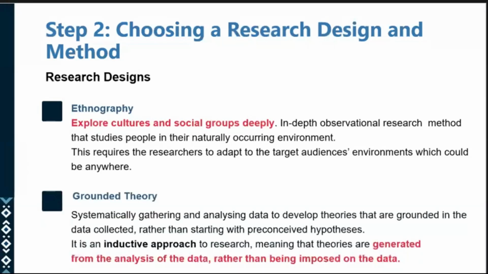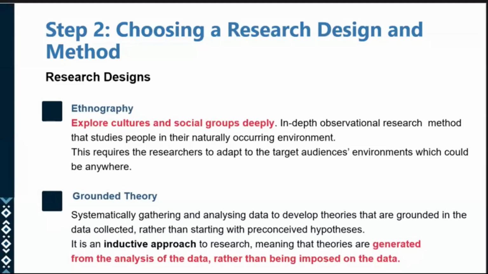The next point is grounded theory. Grounded theory is a type of qualitative research that analyzes data to develop theories that are grounded in the data collected, rather than starting with preconceived hypotheses. What is peculiar about grounded theory is that you use it when you don't even have an idea of what to expect.